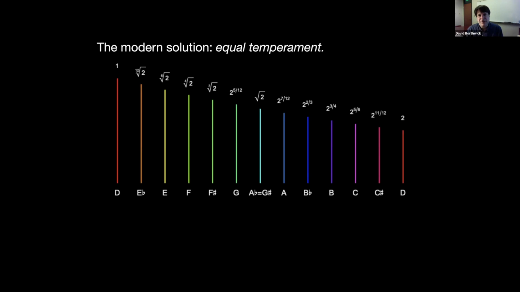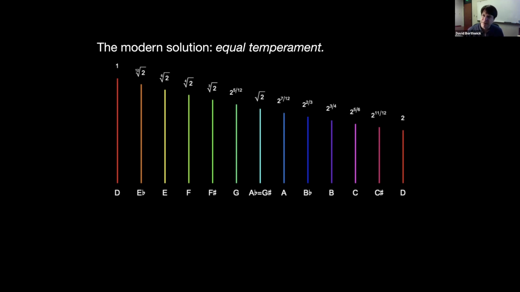So the modern solution is equal temperament, where we just even out the Pythagorean notes. And so the ratios are all irrational numbers, which would have horrified Pythagoras, who was very much into rationality and integers. But it makes it so that every key works the same way.